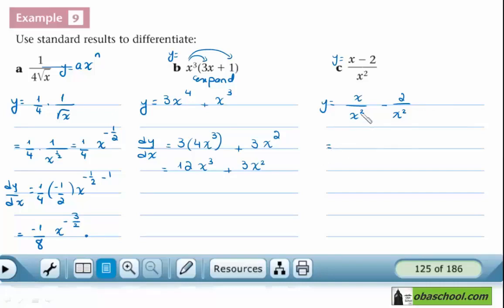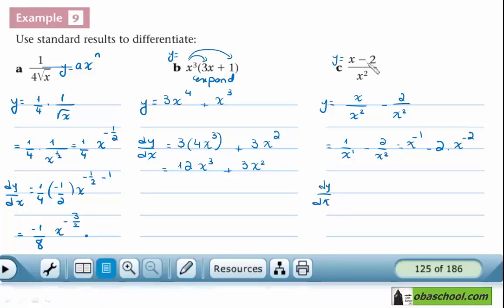Then y equals x over x squared, which is 1 over x, minus 2 over x squared. Let's modify these terms to be in the form of a x to the power n. Then we can say x to the power minus 1 minus 2x to the power minus 2.